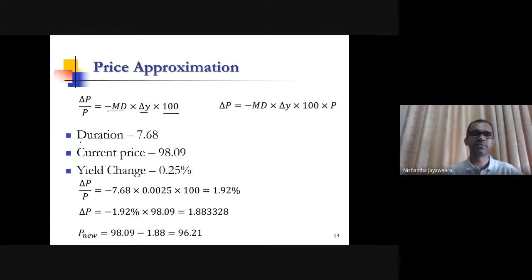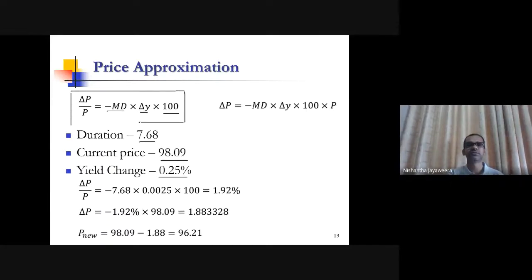Assume a bond has a duration of 7.68. The current price of that bond is 98.09 and the yield change is plus 0.25, a yield increase. Then what is the change in price as a percentage? Substitute figures into this equation.